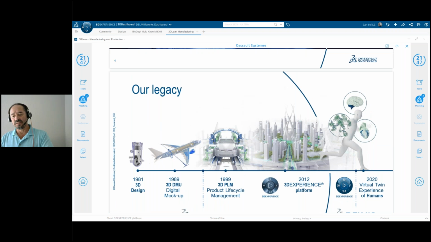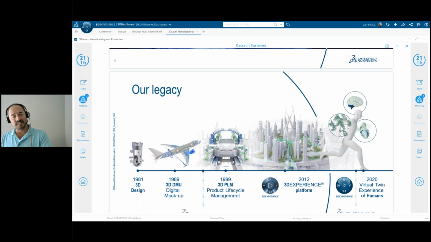We have been the catalyst and enabler of the world's greatest industrial transformations. Every decade, we have helped manufacturers to disrupt how products are designed and made, and to rethink the entire development and production process and methodology. It's hard to believe, but it was nearly 40 years ago that we first introduced 3D design to represent the surface of things. 30 years ago, we pioneered 3D digital mockup.